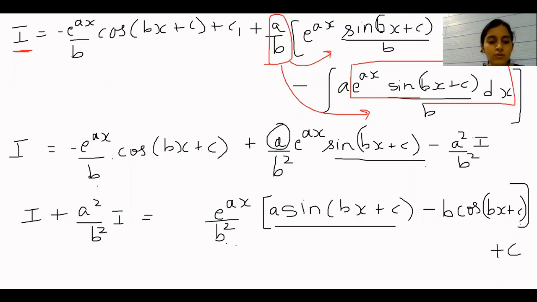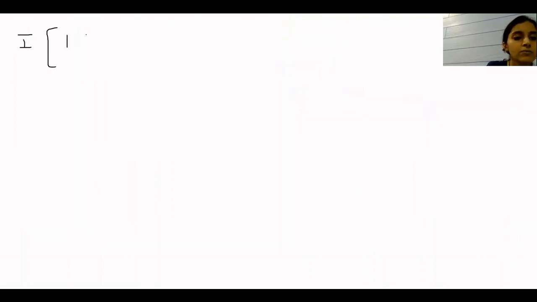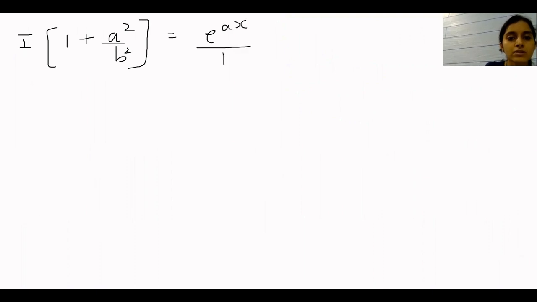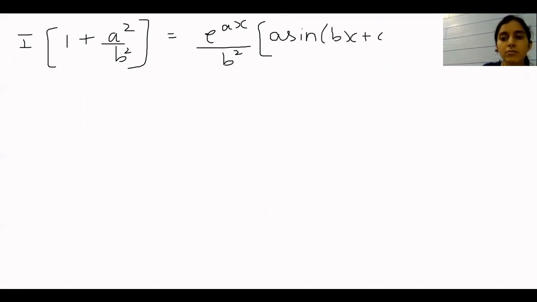Now let's solve the left hand side. The left hand side will be I common, 1 plus a square upon b square, equal to e raised to ax upon b square common, bracket a sine bx plus c minus b cos bx plus c.